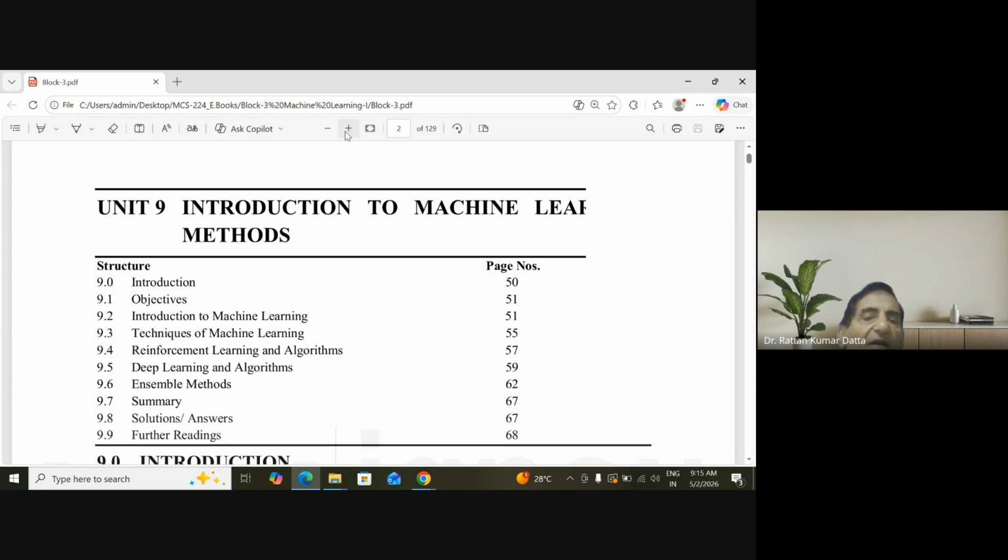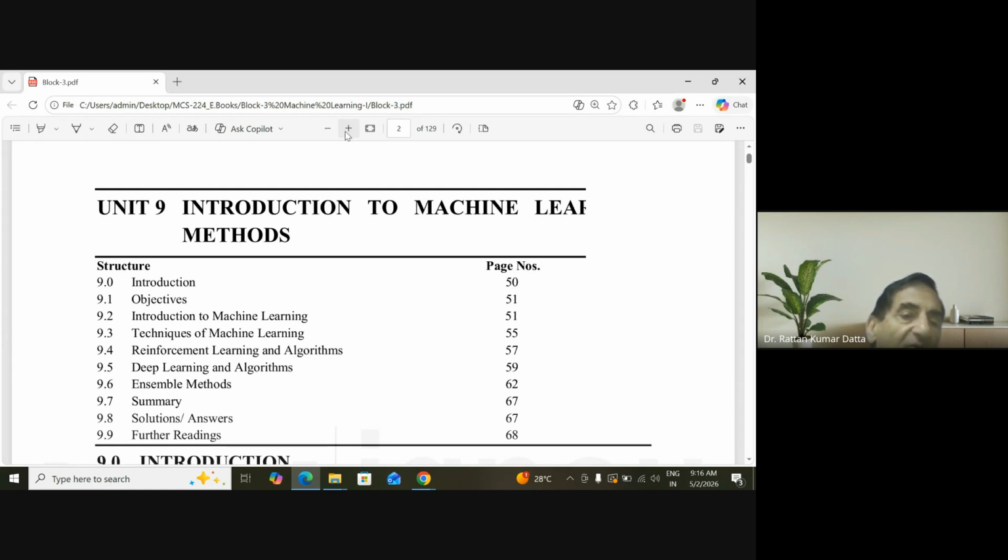That's machine learning. So it is used for a lot of activities in day-to-day life, may it be administration, teaching, production, or anything. So this is the one which we are going to study.